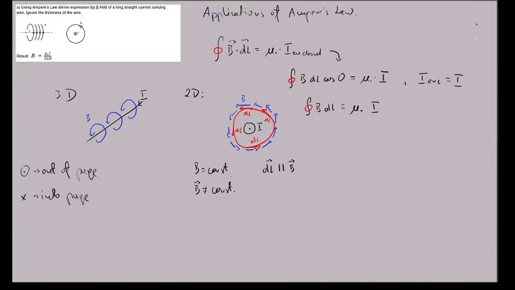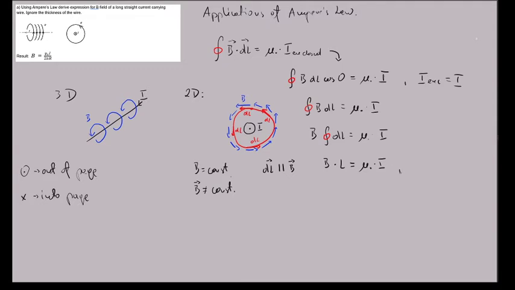Let me just add this little loop here. So B, the integral of dl equals mu naught times I. Here I'm doing this integral along the whole loop. I add all of the little elements dl. When I add up all of these little elements dl, then what I get is simply the whole length of the path.